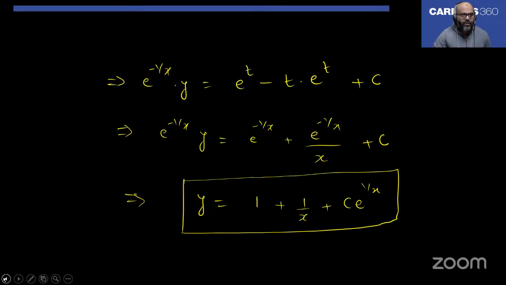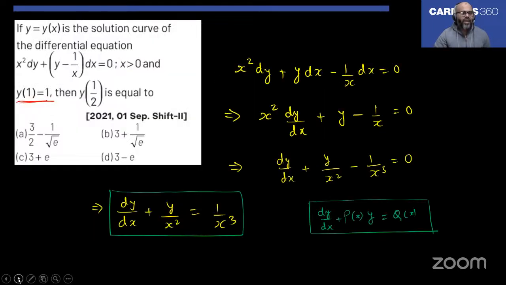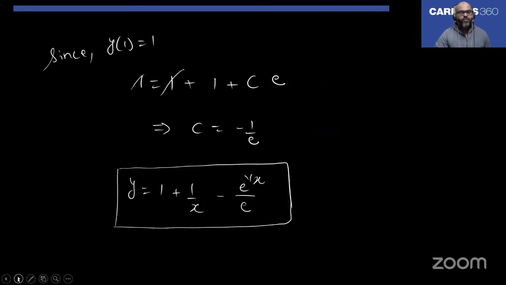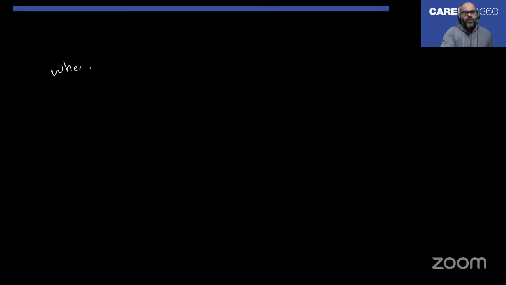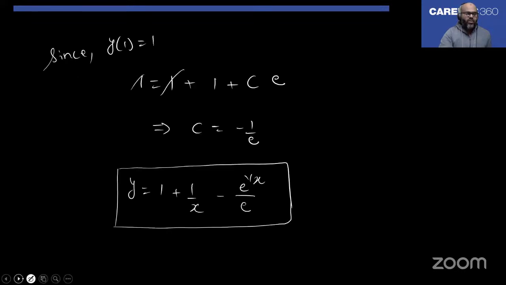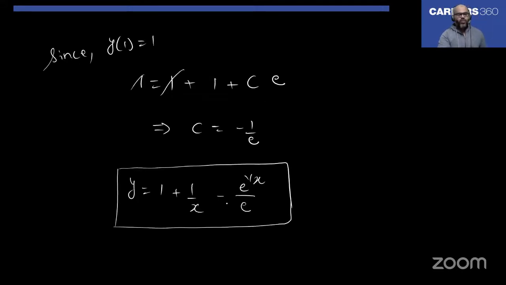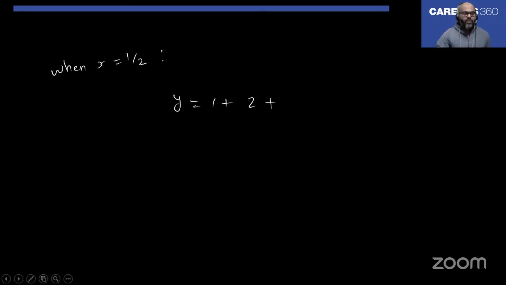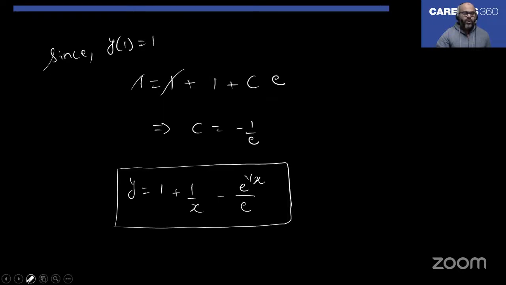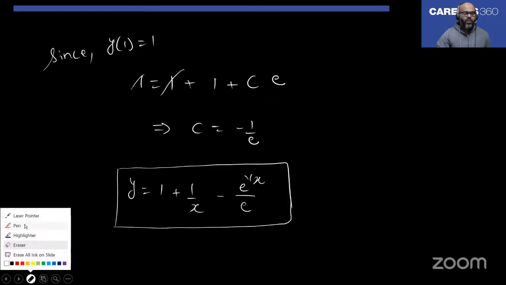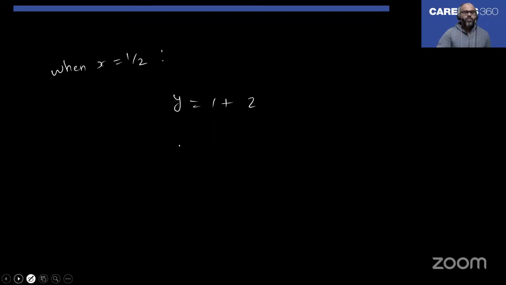Now what is being asked? They are asking y half. That is when x is equal to half. So when x is equal to half, then what will be the value of y? So y is equal to 1 plus 2, because reciprocal of half is 2, minus e to the power half, that is half e to the power 2, it will become minus e to the power 2 by e.